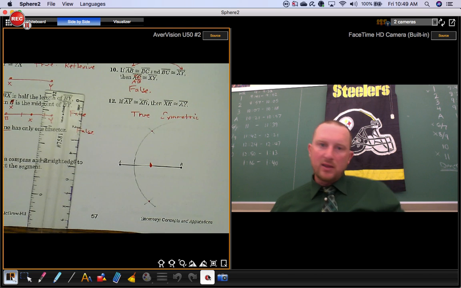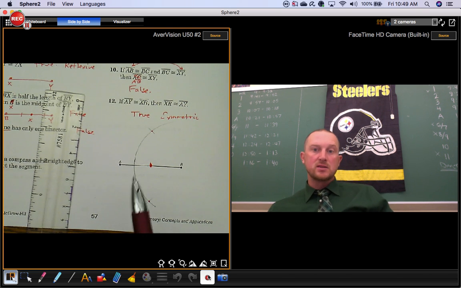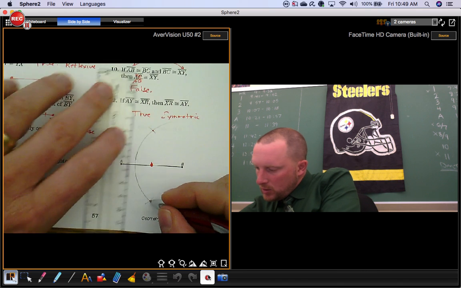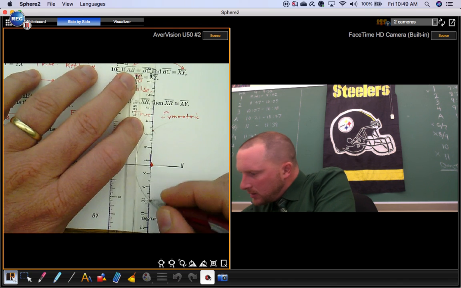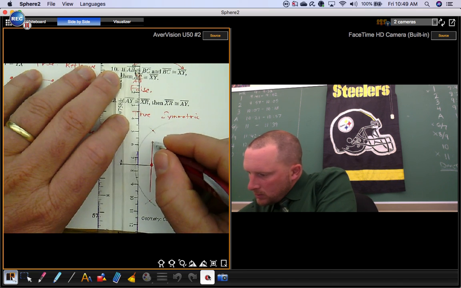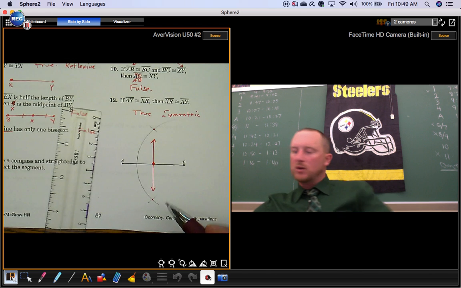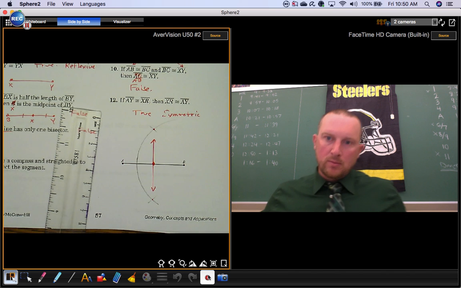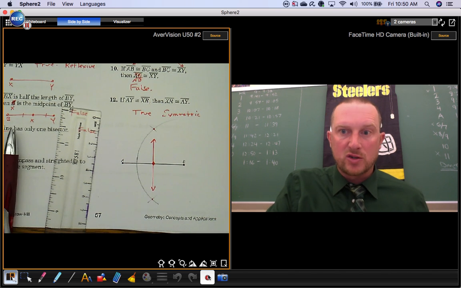So that point right there on the segment is the midpoint, which bisects the segment. If you wanted to, you could bisect it with a line or part of a line. You could bisect it with another segment, or you could bisect it with a ray. Okay? But that's how you would do it. That's what a construction is.